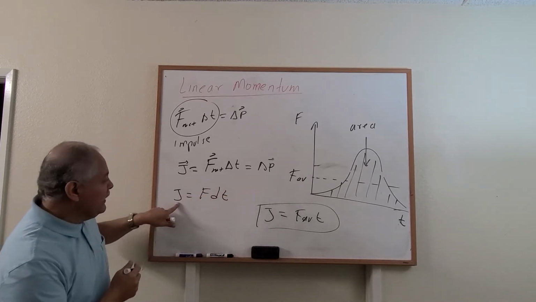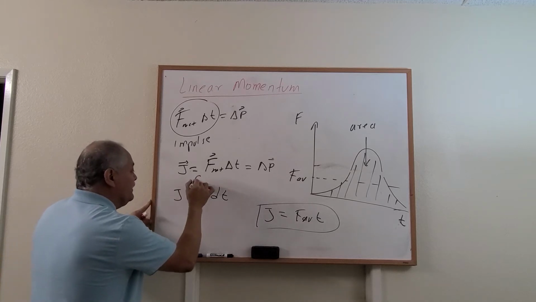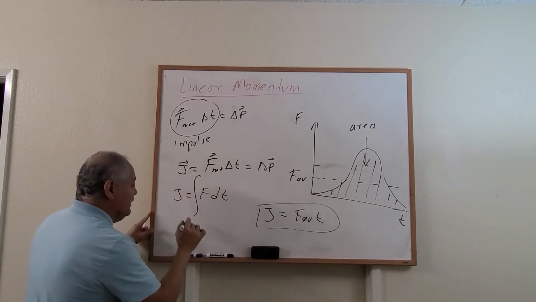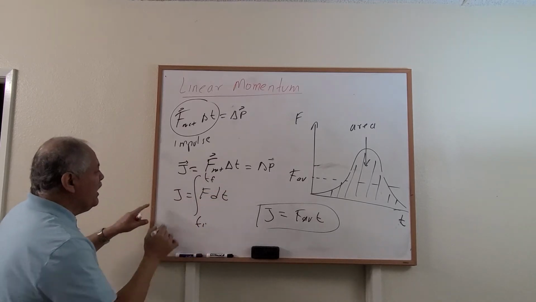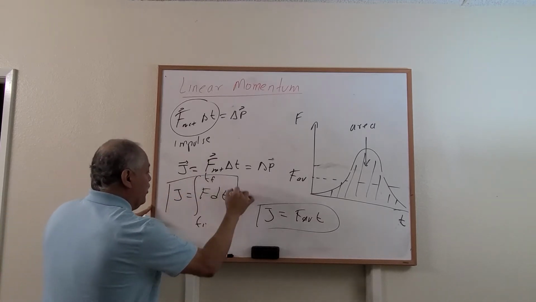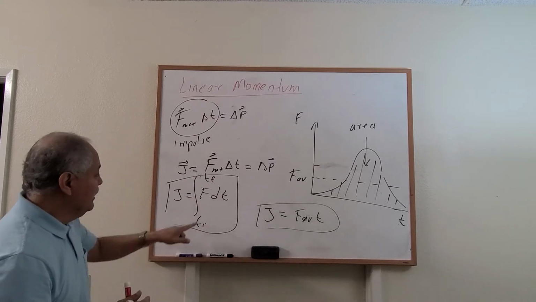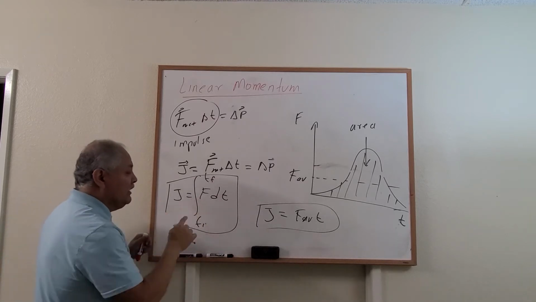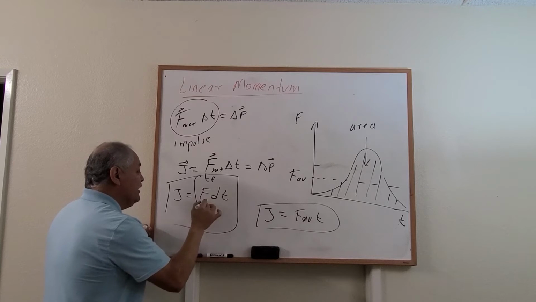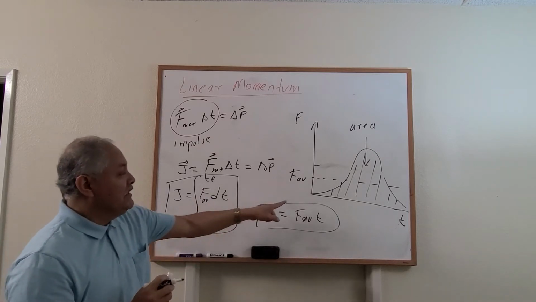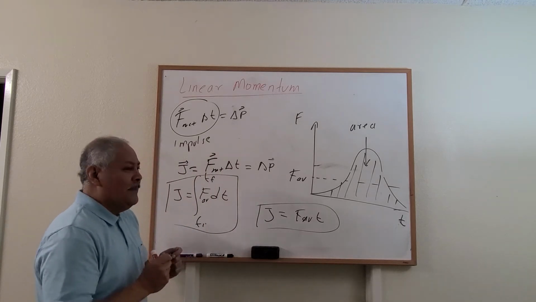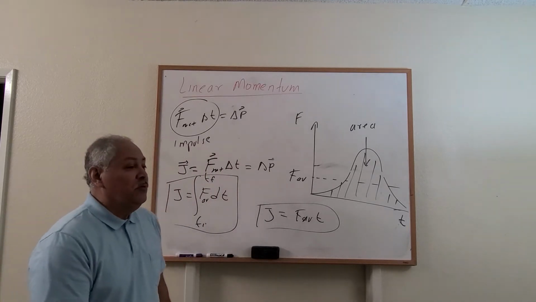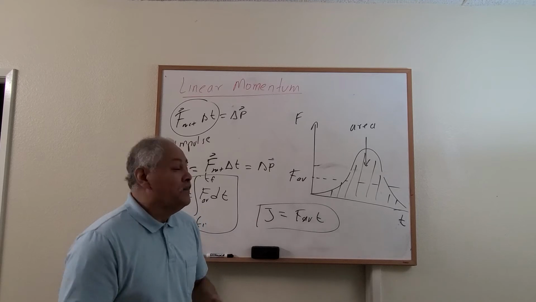But because this is the total impulse, we can write the integral from t initial to t final. This is another way we can represent impulse, as the integral of this force. But what is that force again? It is the average force times delta t, like in this picture. Got it? Okay, perfect. Now let's go to the next concept, which is conservation of momentum.